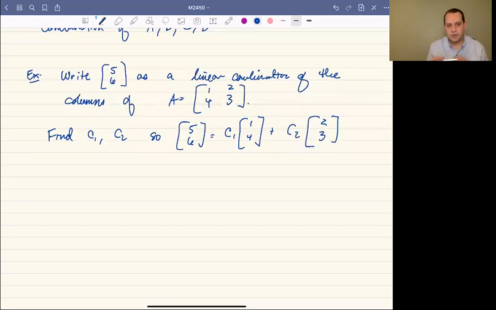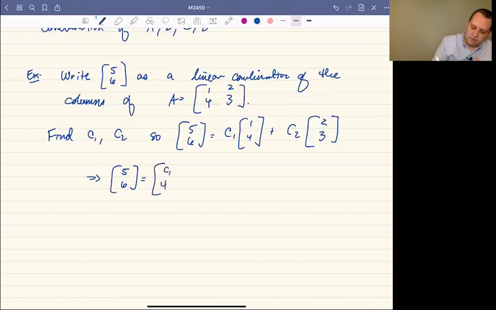And how do we do that? Well, we know how to multiply any matrix by a constant. We know how to do this scalar multiplication. So this means that 5, 6 can be written as C1 and 4C1. And the second matrix can be written as 2C2 and 3C2.